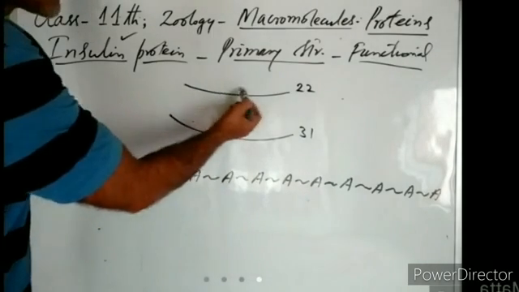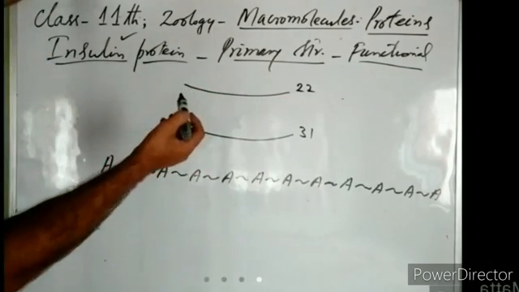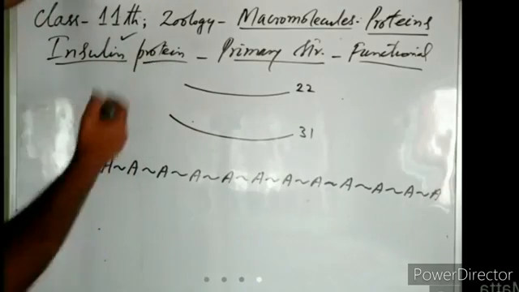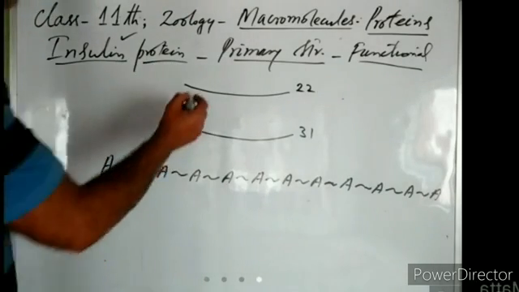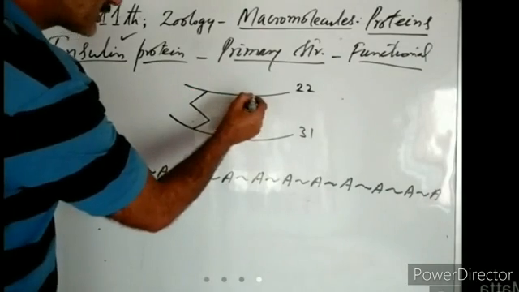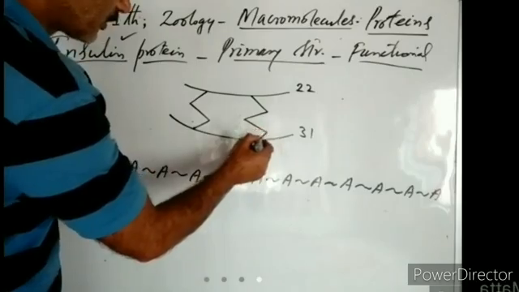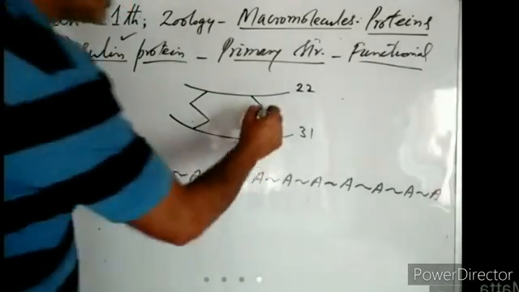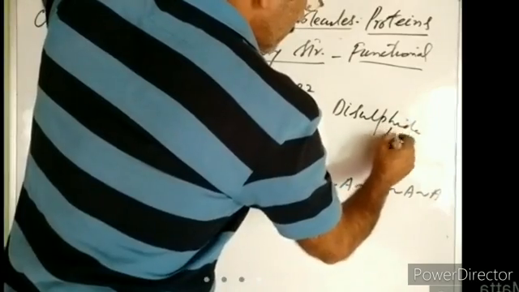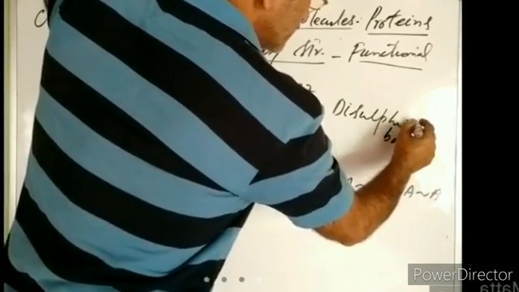These 22 amino acids are in a specific order, and these 31 amino acids are also in a specific order. When these two polypeptide chains get linked by disulfide bridges, this is a disulfide bond between them, or we call it a disulfide bridge.